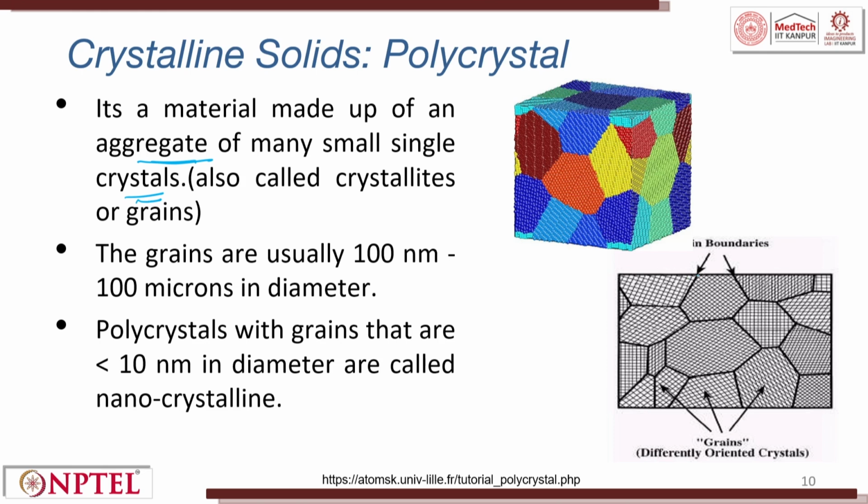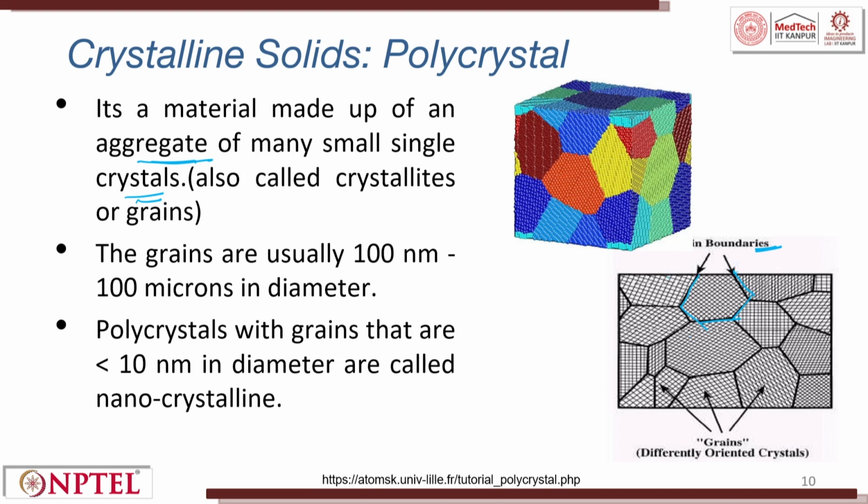When we talk about polycrystalline, it is a material made up of an aggregate of many small-sized crystals. Right? So, you can see here, this is a grain, and around the grain it is covered by a boundary, which is called the grain boundary. The grain boundary has a lot of energy. So, when you try to etch it, it forms a depth.